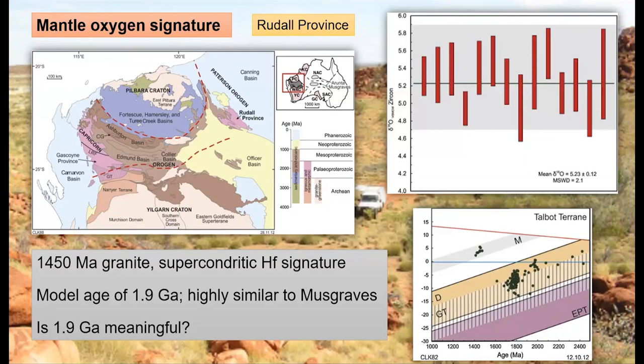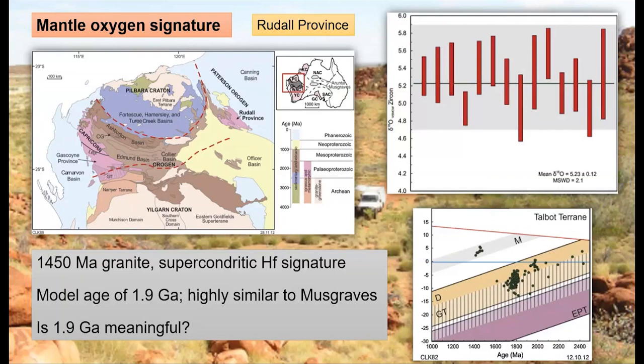And it fits within an array that is very similar to what's seen in the Musgrave province. The Musgrave data all track back to a component that was extracted out of the mantle at about 2 Ga, and Mike talked about that earlier this morning and pointed out that widespread juvenile production in Australia between 1.9 and 2 Ga.